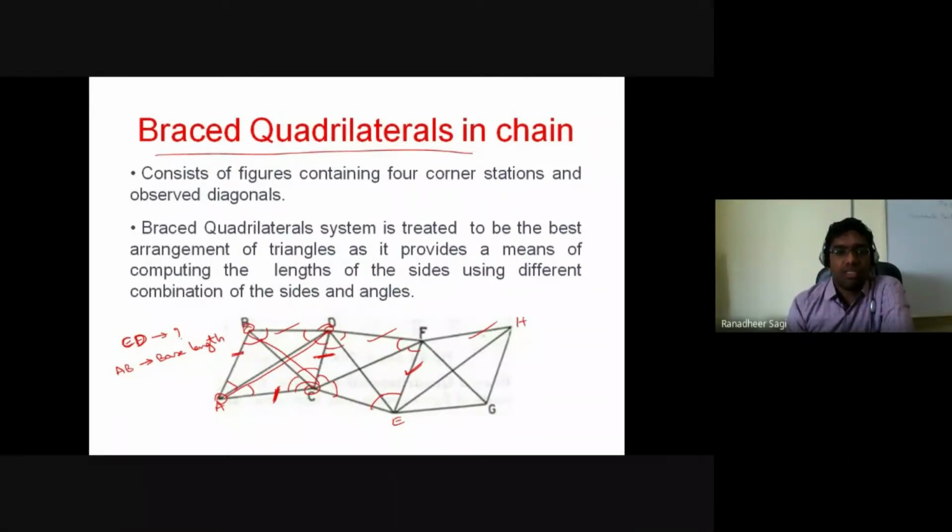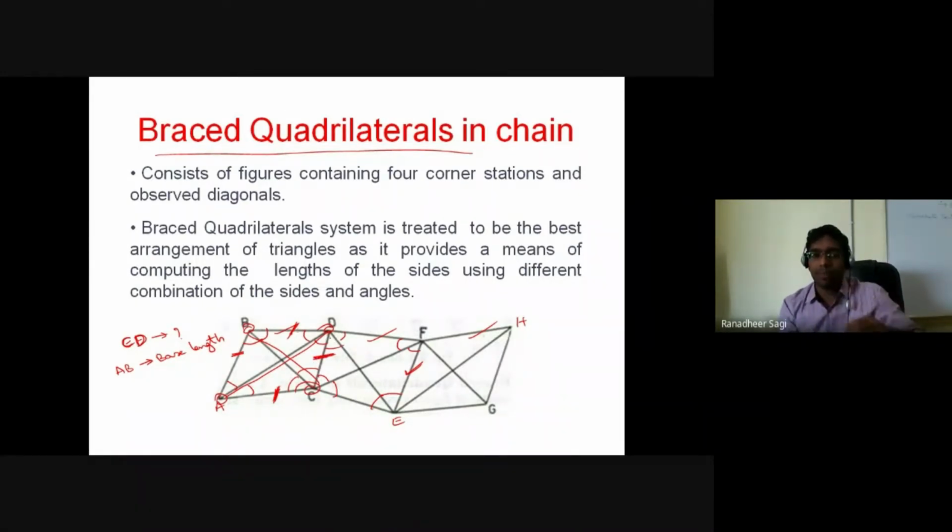What is the other way? The other way is I look at my triangle ABD. A, B, D. Length of the member AB is known. As the length of the member AB is known, I can go on to find out the length of the member BD. If the length of the member BD is known, then I can now look at your triangle BCD. As the length of the member BD is known in the triangle BCD, then I can go on to find out the length of the member CD.